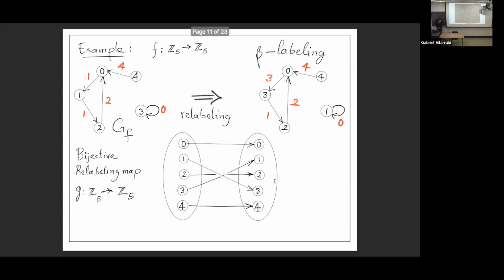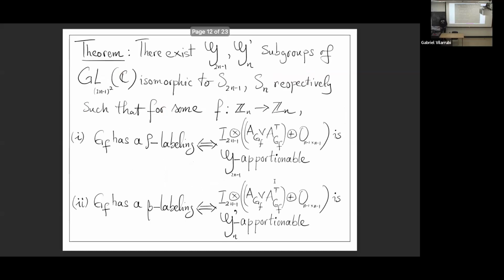It turns out that all the non-trivial examples of apportioning problem we come up with are related to this problem. So we find edge-disjoint decomposition of the complete graph, and we show that you can use these to construct apportionable matrices. So here's the first non-trivial theorem. We say, take any tree you want.